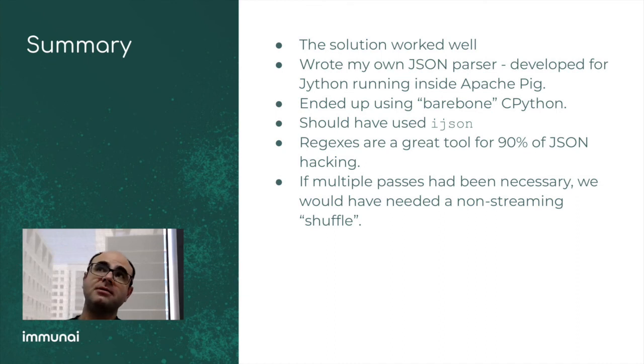So the right approach here is to give up, in the sense that there is no way to make streaming work well with that. What you really need to do is to split it into parts. So we might have had still a single run, but one that would output separately the transaction records and the endpoint record. And then we would have needed a separate job that's not a streaming job that would actually combine them.